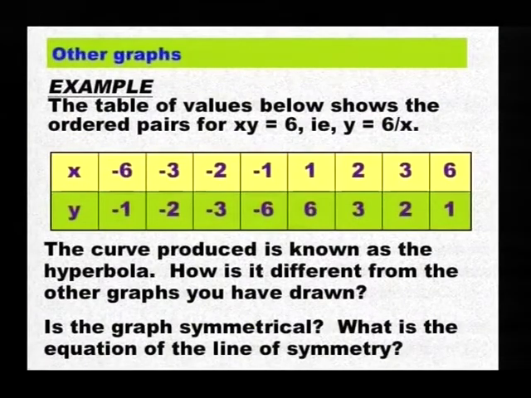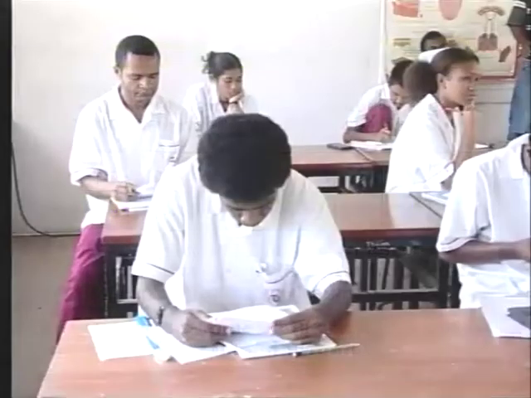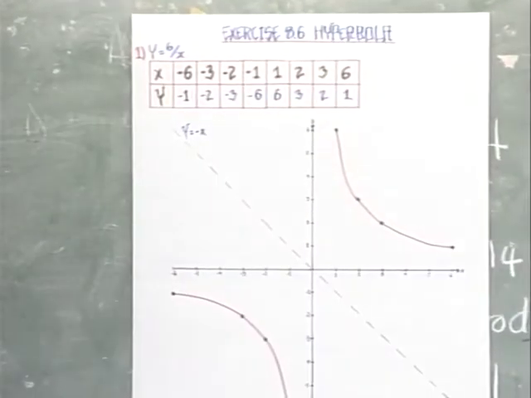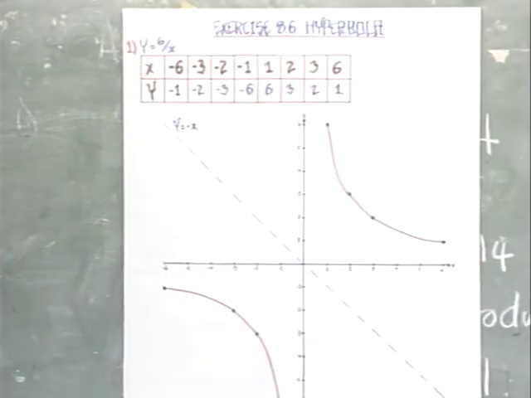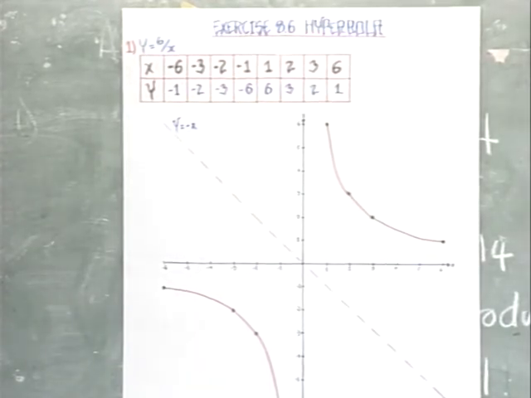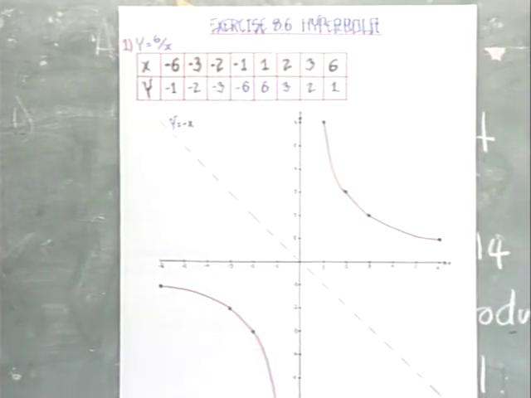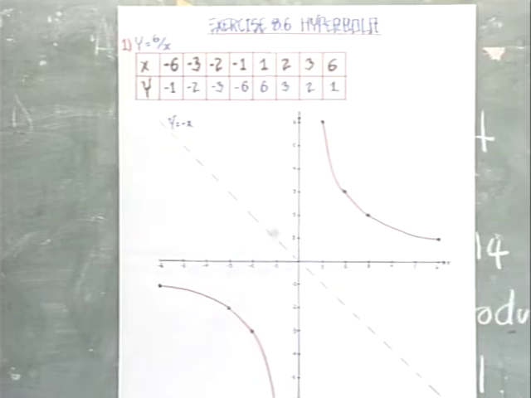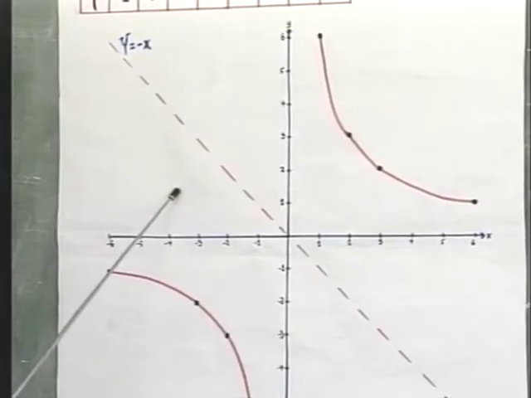The curve that is produced, which is what I've got here on the board, is known as the hyperbola. Specifically, it's known as the rectangular hyperbola because it's on these two sides. Note on the axis you have 4 quadrants.